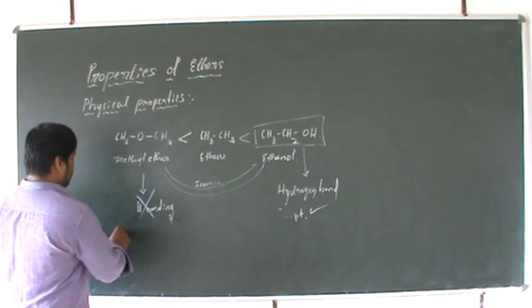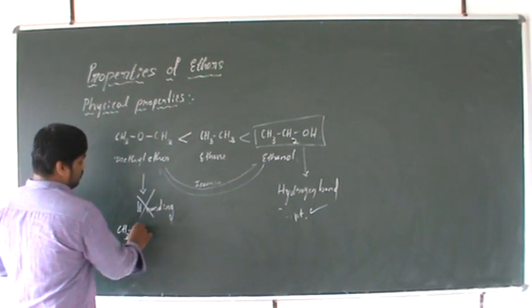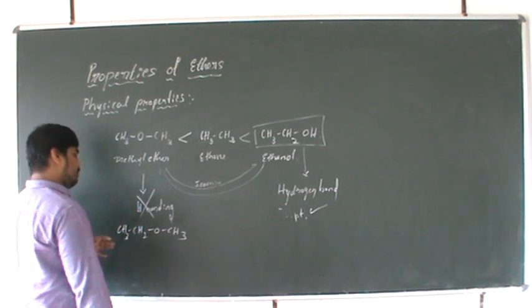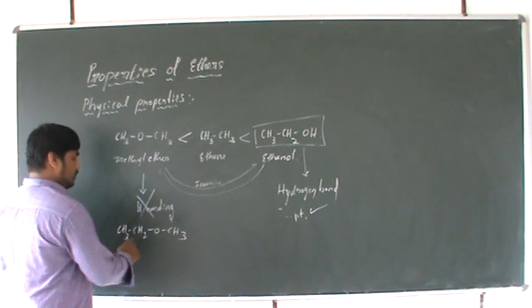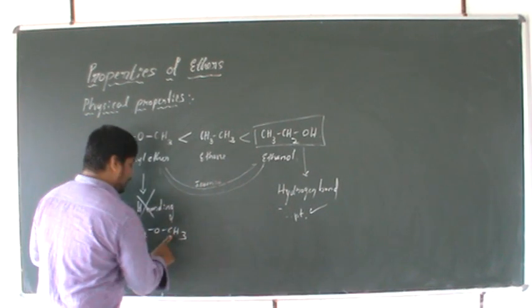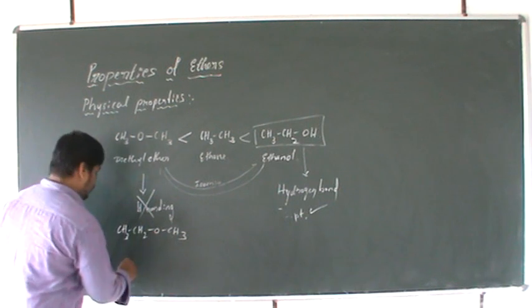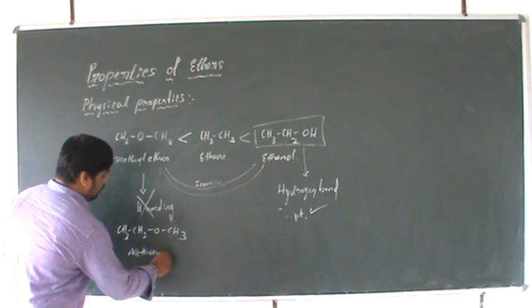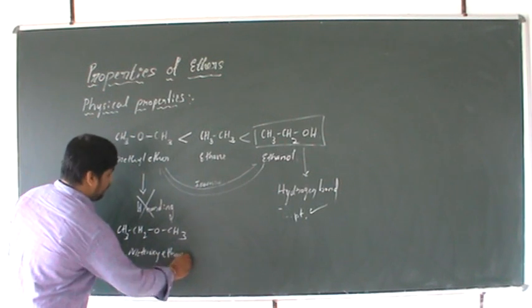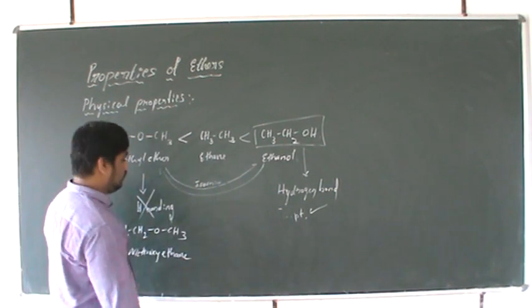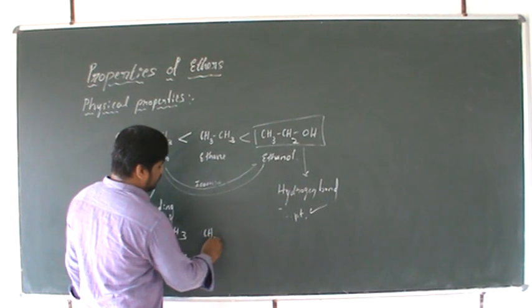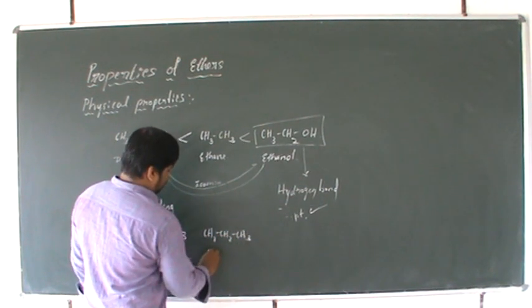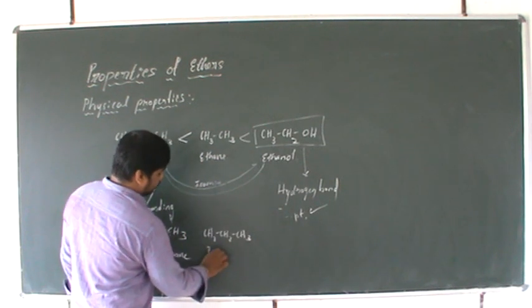The next is CH3CH2OCH3. What is the name of the compound? Yes, one is methyl, one is ethyl, therefore methoxyethane. And consider CH3CH2CH3, propane.